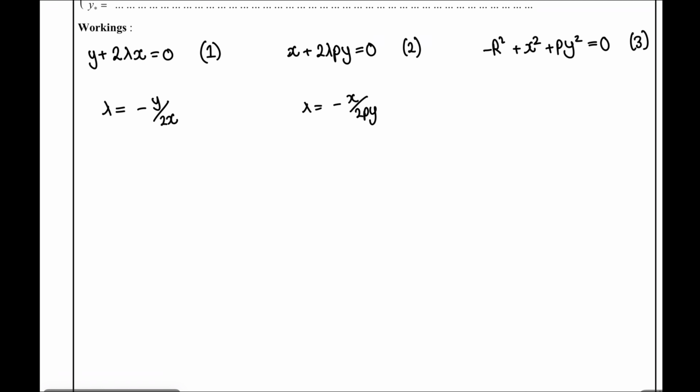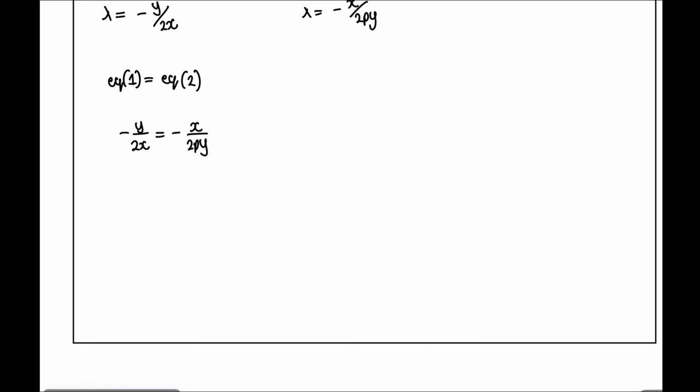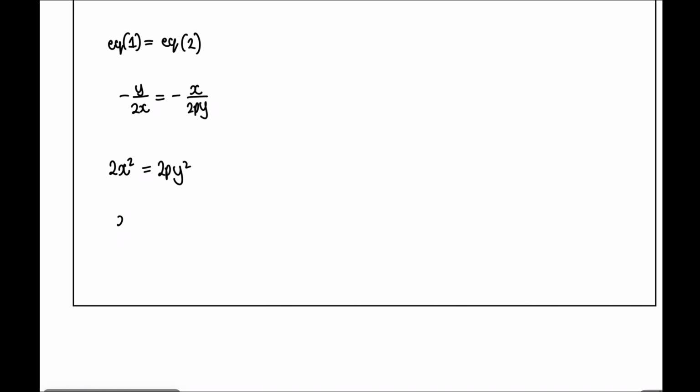If I now equate these two together, equation 1 equal to equation 2, we get minus y over 2x is equal to minus x over 2py. If we cross multiply, we get 2x squared is equal to 2py squared. So we get x squared is equal to py squared.